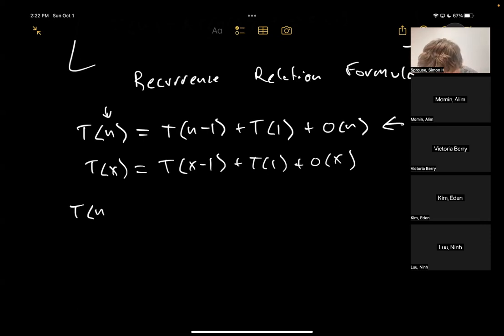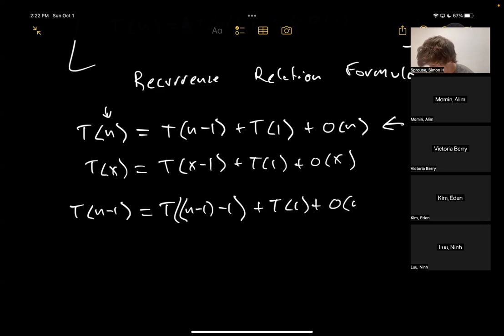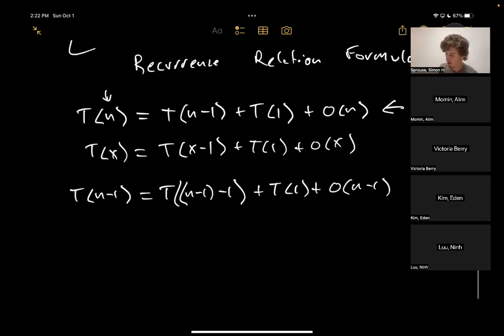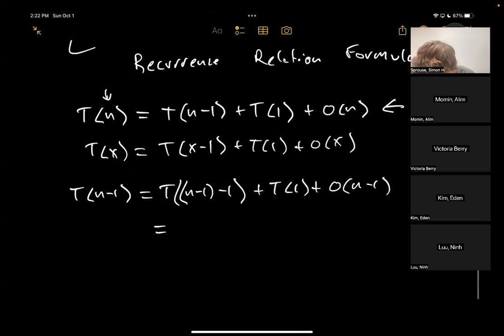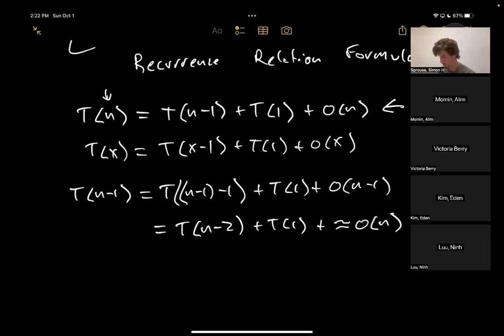So T of n minus 1 is going to equal T of n minus 1 minus 1 plus T of 1 plus O of n minus 1. Okay, let's reduce this a little bit. We got T of n minus 2 plus T of 1 plus, I'm just going to say this is roughly O of n. I think we proved that before.